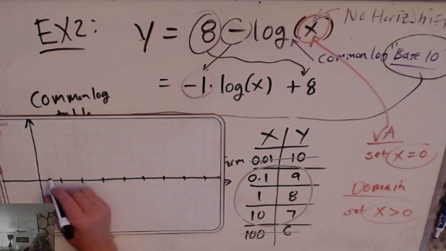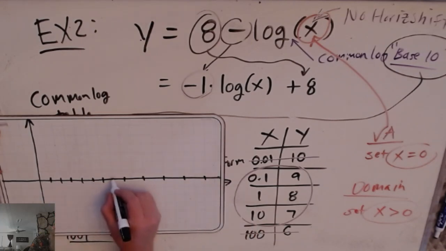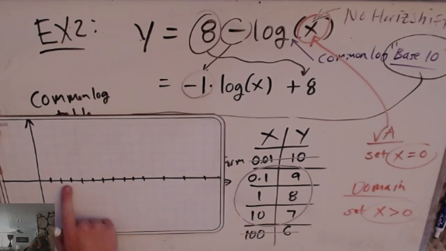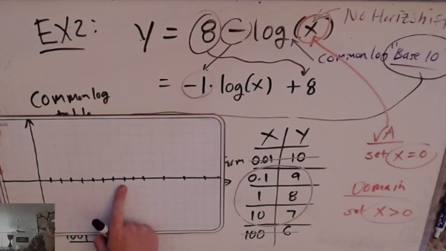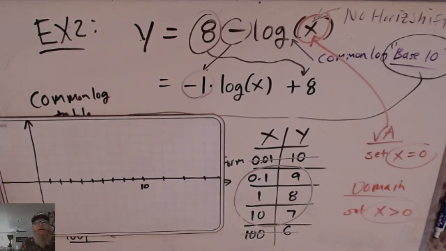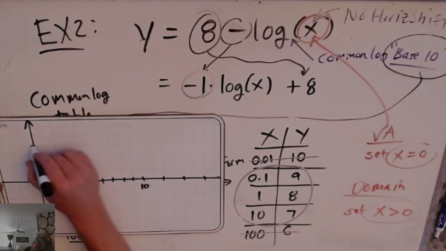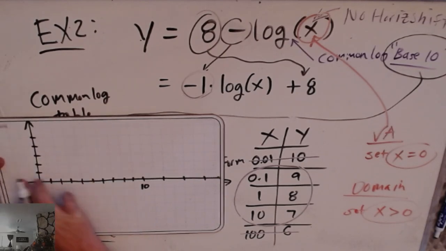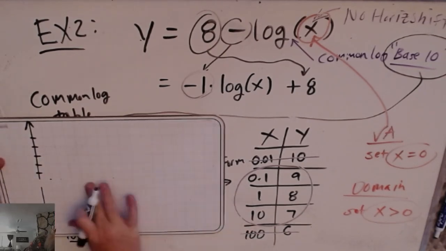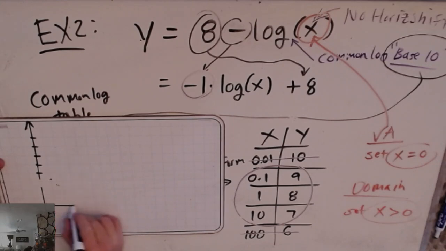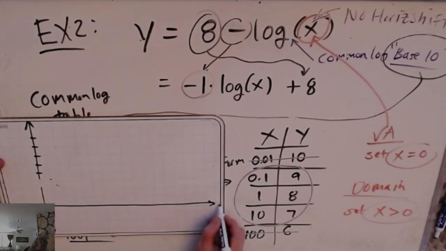Yeah, I can't get there. So we're going to count by ones. 1, 2, 3, 4, 5, 6, 7, 8, 9, 10. So we have 10 and 7. Oh, shoot. I should have planned that out a little better. Let's put my x-axis down here.